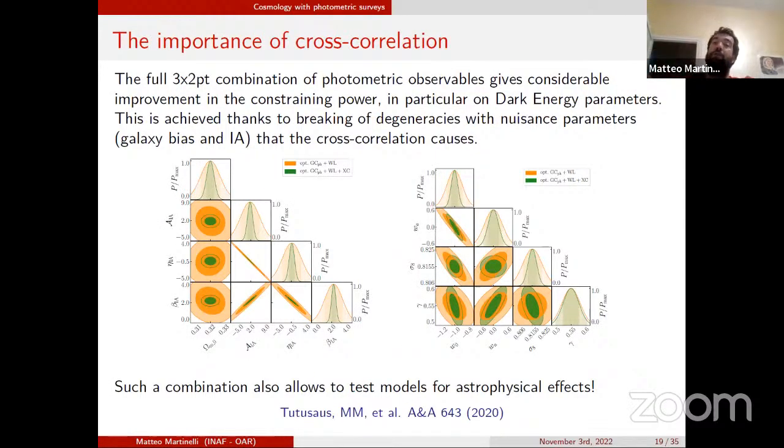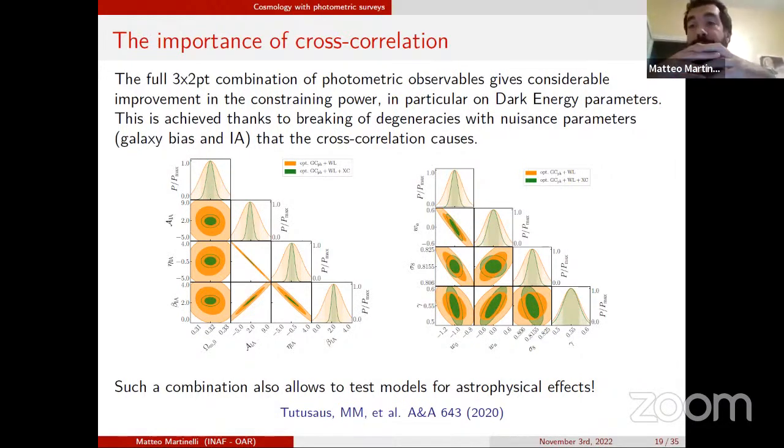This is an interesting result that we found, and we went a little bit further looking at what this full correlation, the so-called 3x2 point combination of photometric observables, can give us. Because if we look at its constraining power, especially when we look at the intrinsic alignment part, so the nuisance parameter, it's extremely important. And this is because we know that this astrophysical effect, intrinsic alignment, impacts the weak lensing, but it doesn't affect much the galaxy clustering.